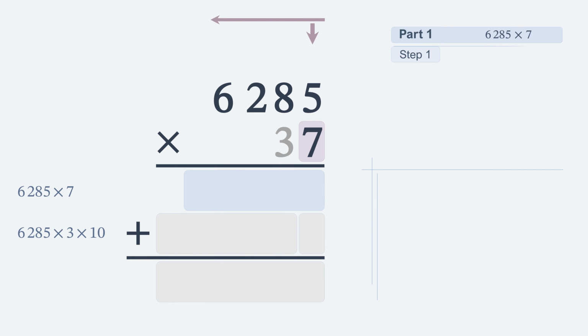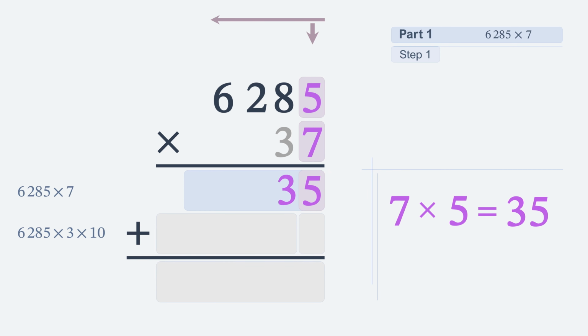So, the first step is to multiply 7 by the top digit in the ones place. 7 times 5 equals 35. We get a 2-digit number, so we need to carry the first digit up to the top of the next column. So we write 5 in the ones place of the answer and carry 3 up to the top of the tens place column.